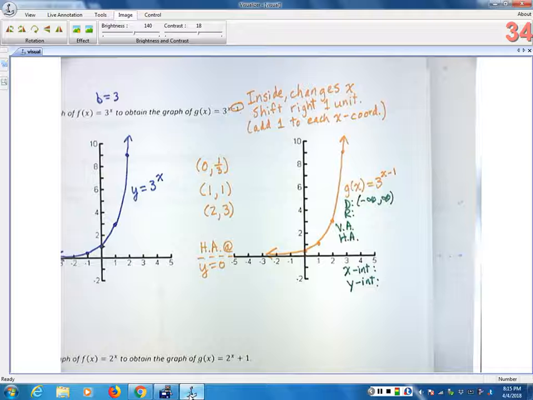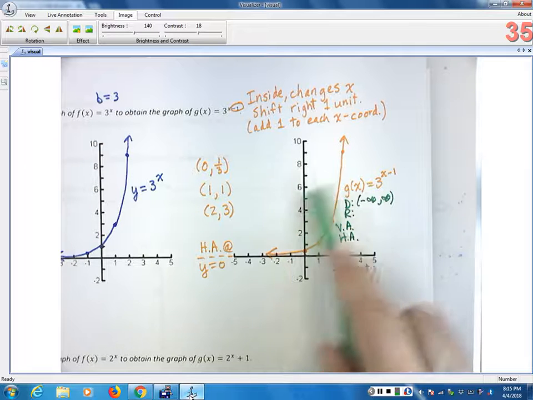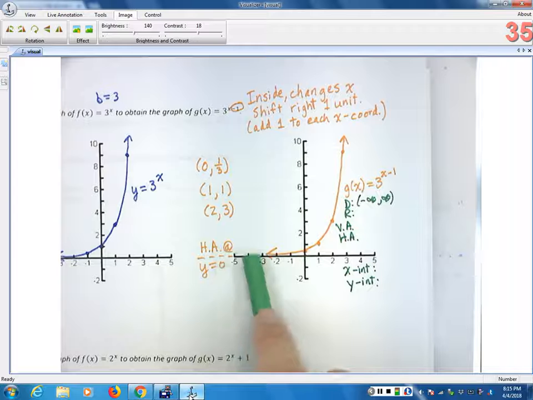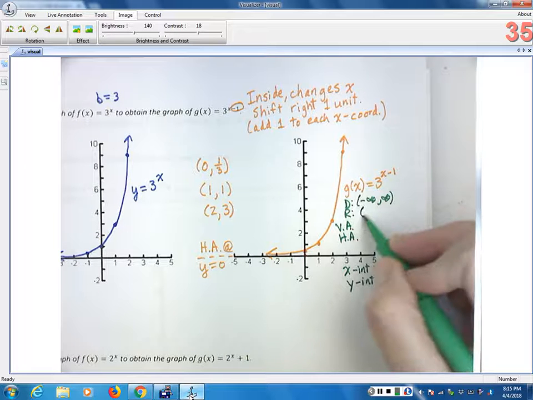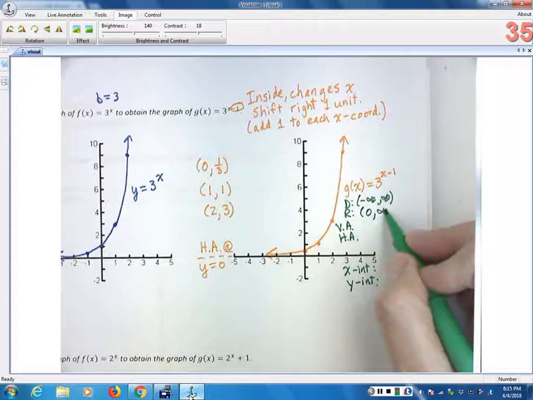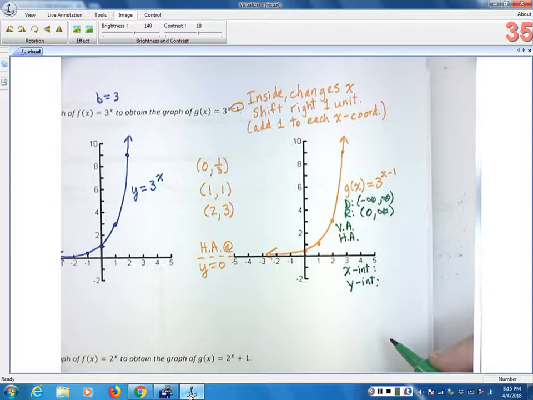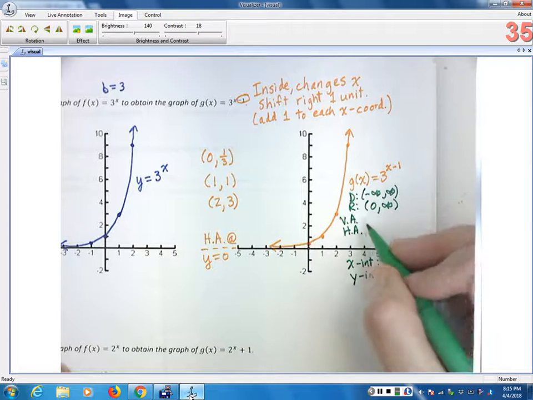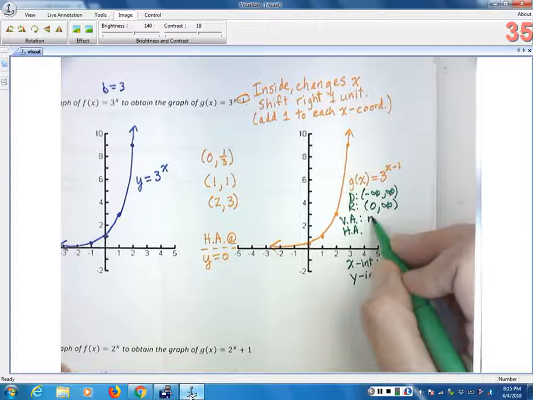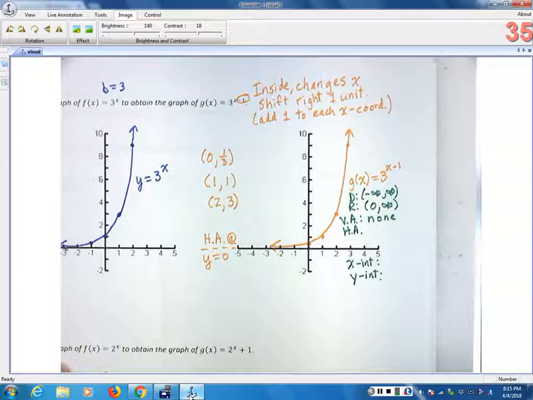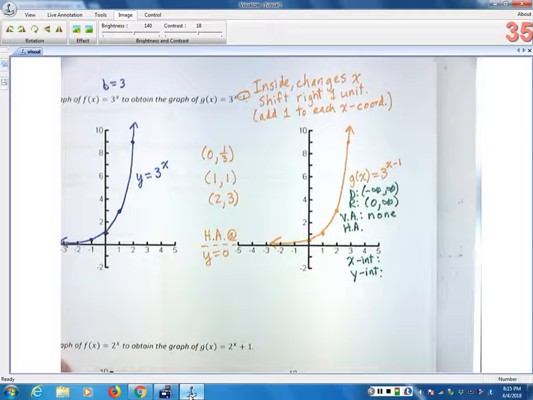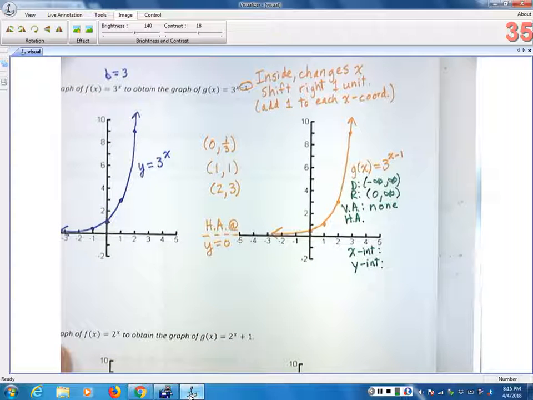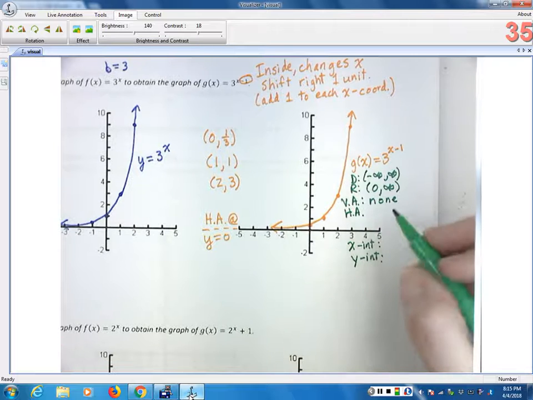The range, project to the y-axis. Remember, y can never equal zero, so the range is 0 to infinity on this graph. What's the vertical asymptote? None. You have to write none. Don't leave it blank. Horizontal asymptote is y equals 0.